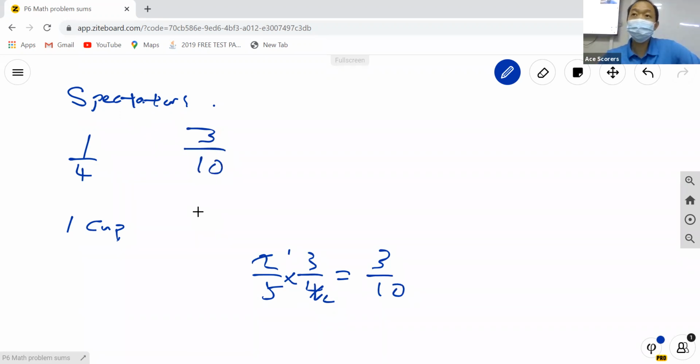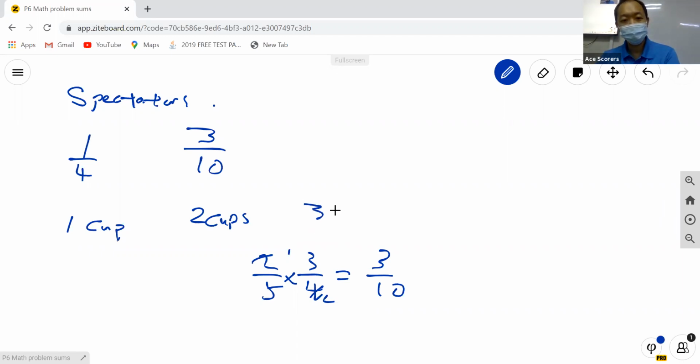How many cups? 2 cups. Then what's the rest? What's the next information, Winston? Okay, the rest are 3 cups.